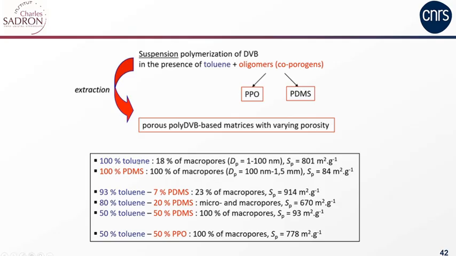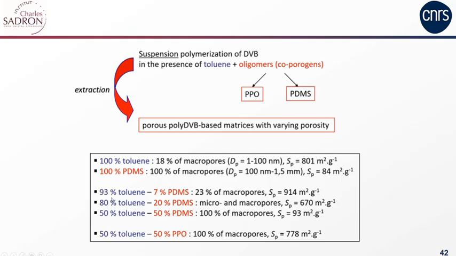So why? Because toluene is very close in nature to styrene. So as I said initially, you will have a good compatibility, so you will have small pores and a high specific surface area. And PDMS and polydivinylbenzene, which is basically polystyrene, the compatibility is low, so you have a low specific surface area.